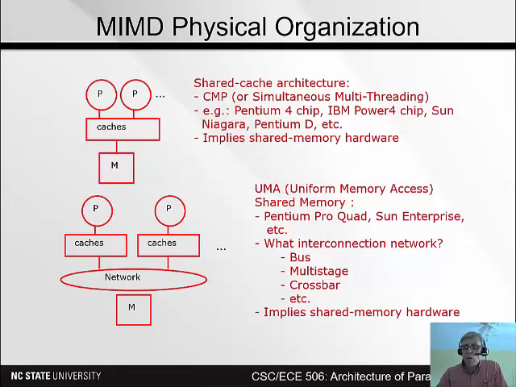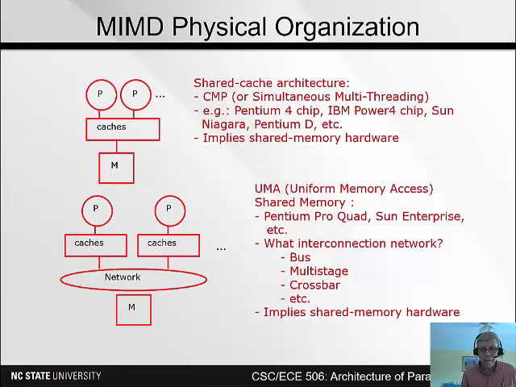And then you have what are called UMA, or Uniform Memory Access architectures, where there's a network in between the caches and the memory, and that network is very often a shared bus.